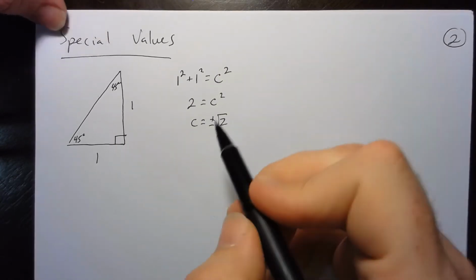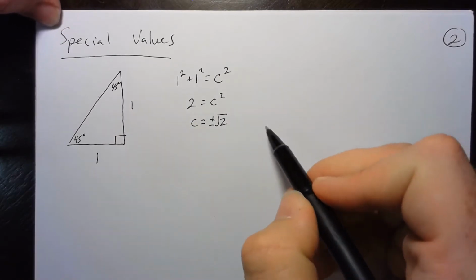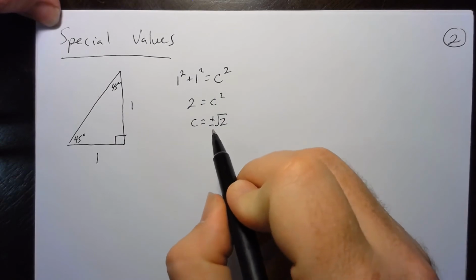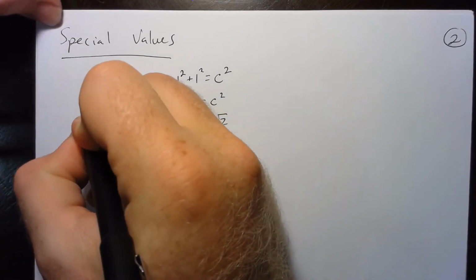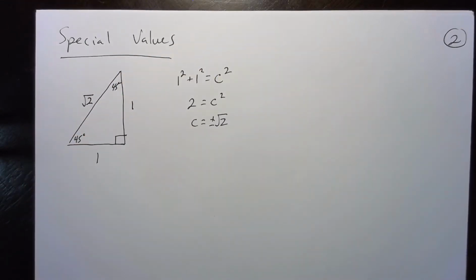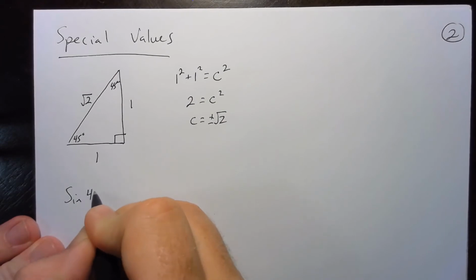It's important to understand that technically this triangle length has 2 possible solutions, but the negative solution doesn't really make any sense given that we don't really have negative length. So this is going to be square root of 2. Now, with this setup and this evaluated, I want to know what is the value of the sine of 45 degrees.